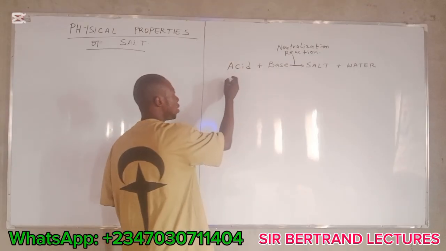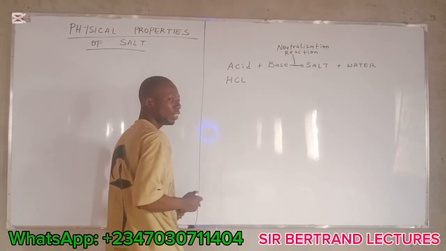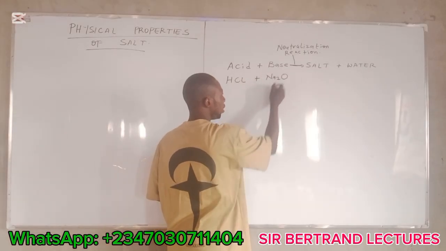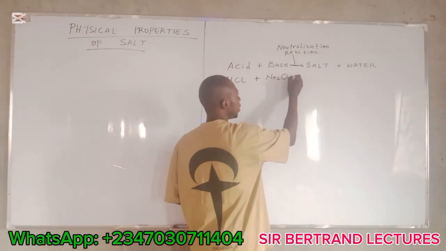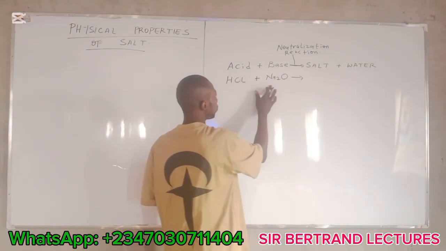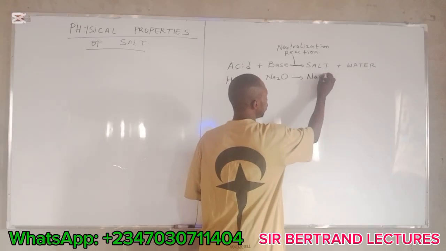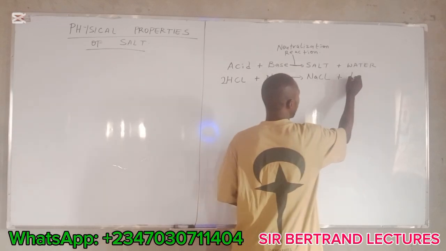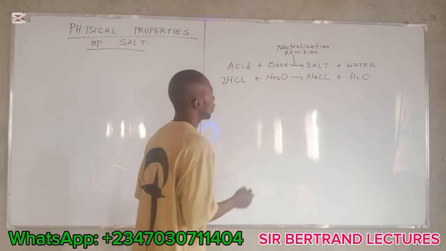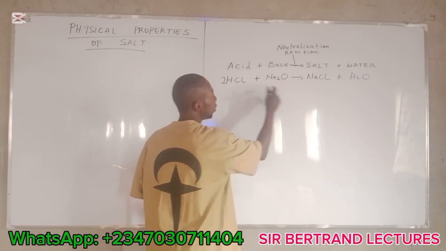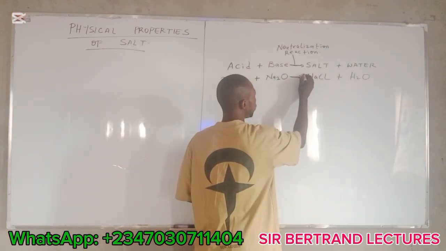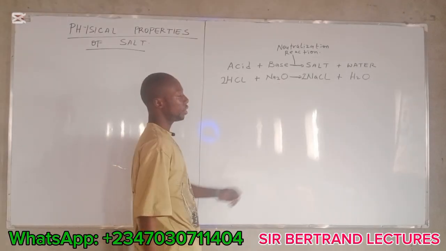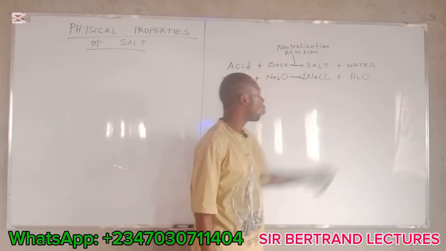Now let's take, for example, the acid to be hydrochloric acid reacting with a base, let's say sodium oxide. That will give us sodium chloride and H2O. The acid reacts with base, gives us salt and water.